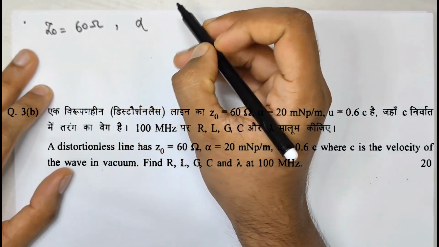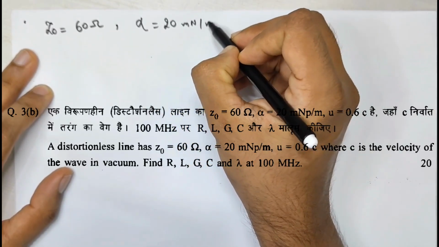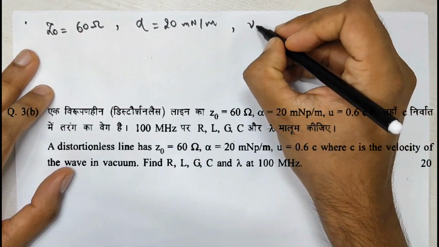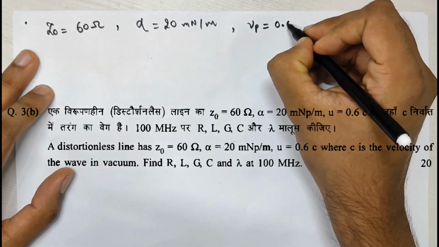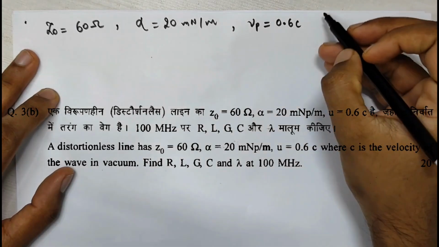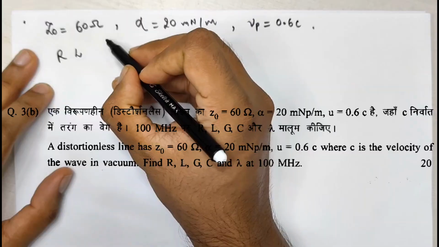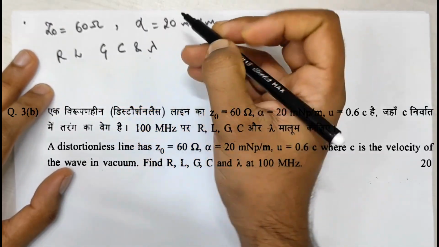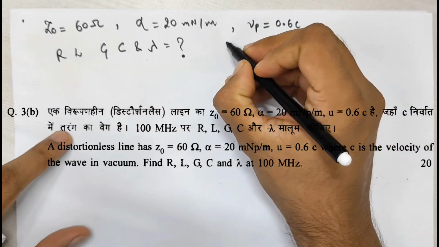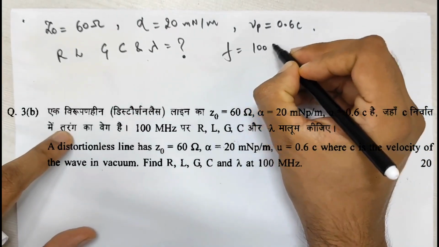We have attenuation, which is 20 milliampere per meter. We have the value of phase velocity, that is 0.6 c. And what are the things we need to calculate? We need the value of R, L, G, C and lambda. These values we need to calculate for f equal to 100 megahertz.